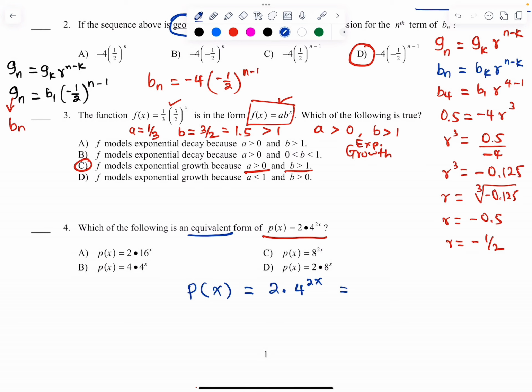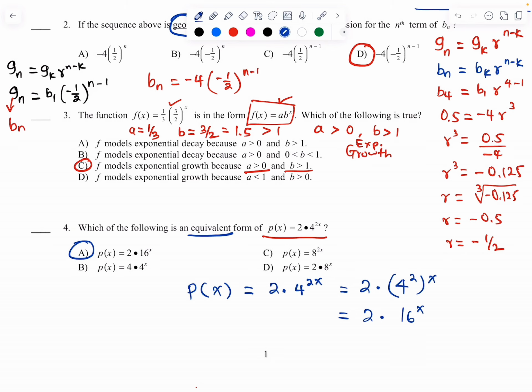If you remember the power rule, I can do 4 to the power of 2 multiplied by x. And then you know that this is going to give us 2 times 4 to the power of 2x. That is going to give me 16 to the power of x. Now there's nothing I can do at this point, so I will just leave my answer like that, and that'll be option A.